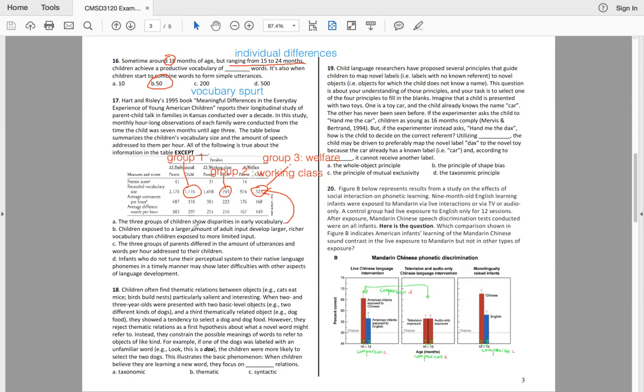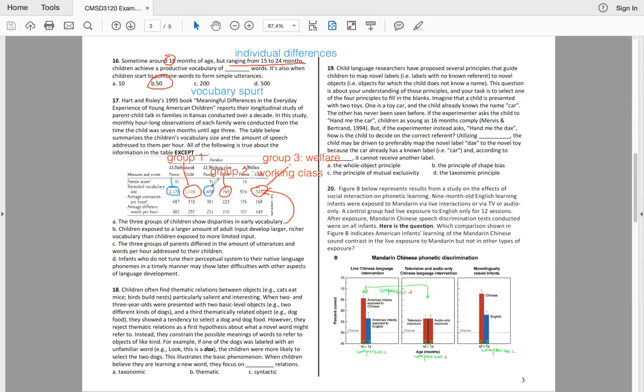The children exposed to larger amount of adult input develop larger, richer vocabulary than children exposed to more limited input. And we see this if we look at the adult, these are the parents.